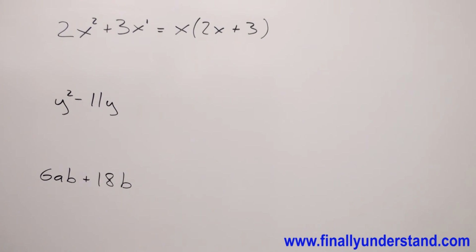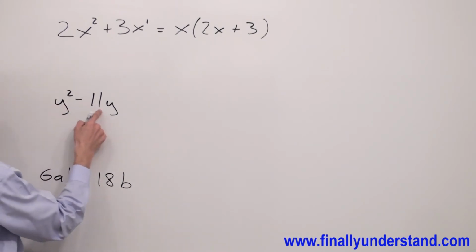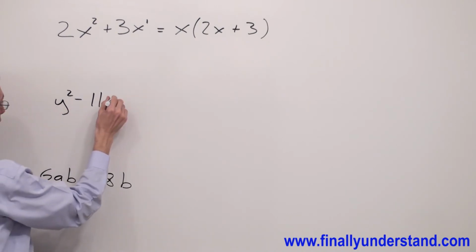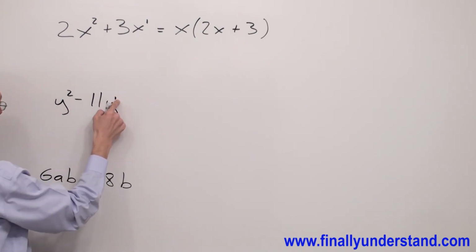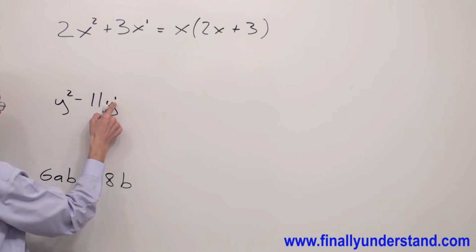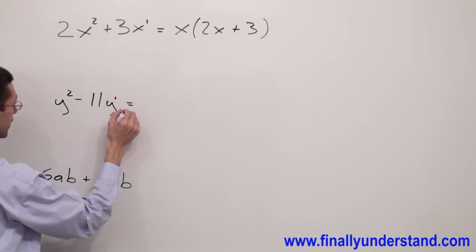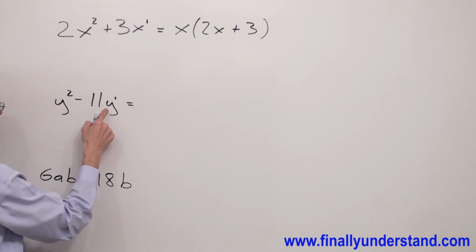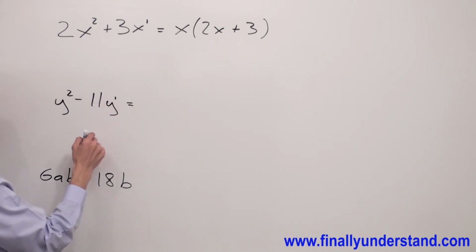Next, the common factor for these two terms is going to be y, because I have y and y. But this one is y to the first power. Remember, anytime we factorize the variables, we have to choose the one which is common for all terms in the expression and has the lowest exponent.